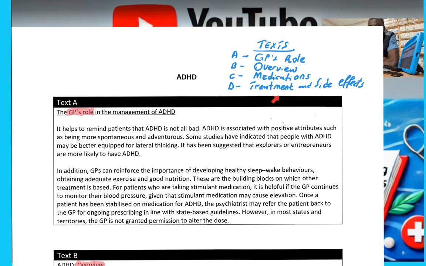So it is not close to collateral information. Text C is about medications. So that is also not close to collateral information. So you can look for your answer in text B, which is overview of the condition, or text A, GP's role. Okay, so let's start with the text B and C before we go to GP's role, or you can start from A to B.